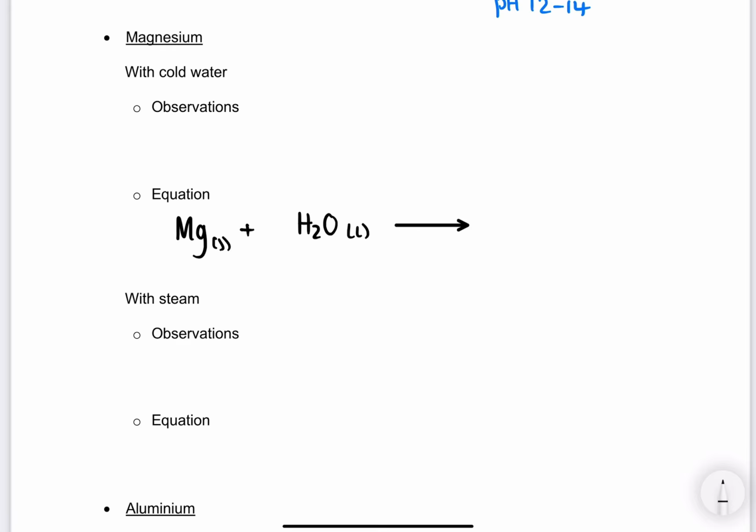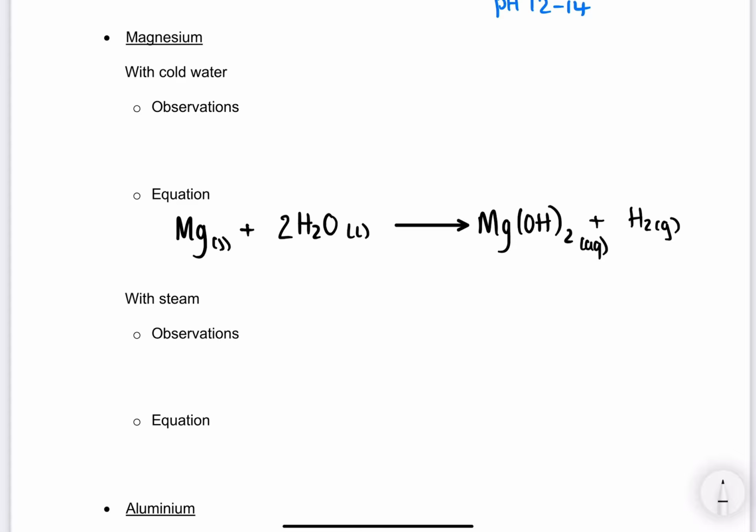So we would be getting magnesium hydroxide and hydrogen gas. And so we just need to balance this equation. And so we can see we've got 1 Mg on each side. At the moment we've got 2 O's on the right and only 1 on the left, so I'm going to put 2 in front of water.